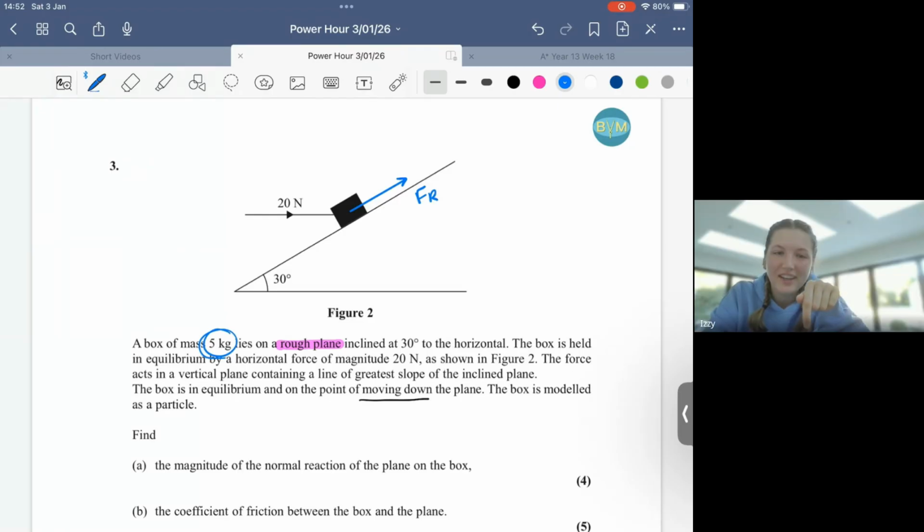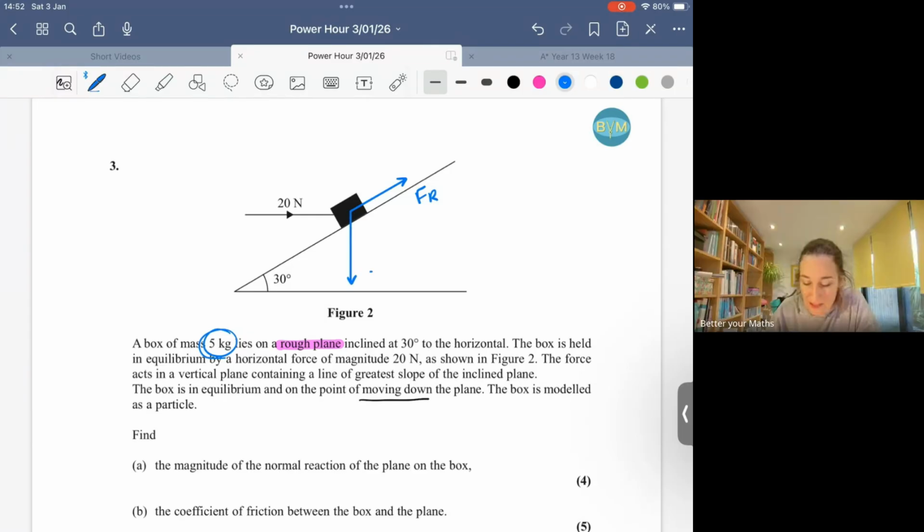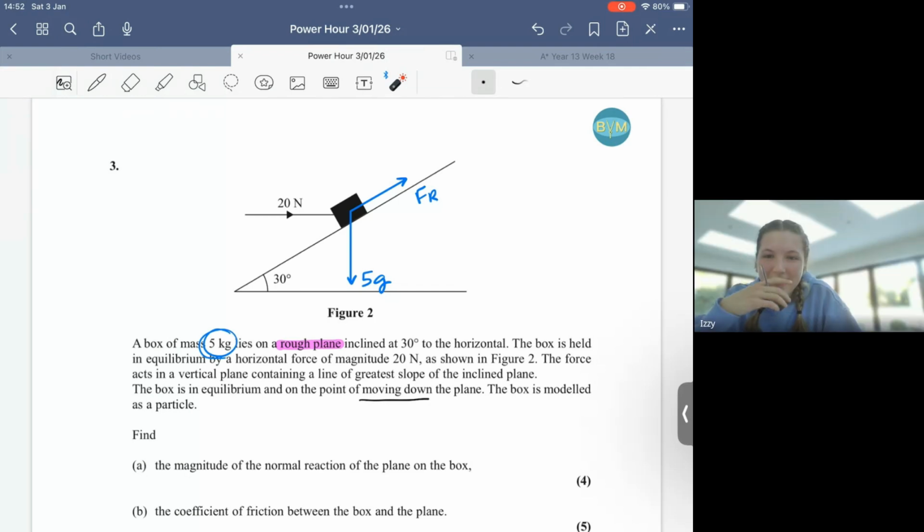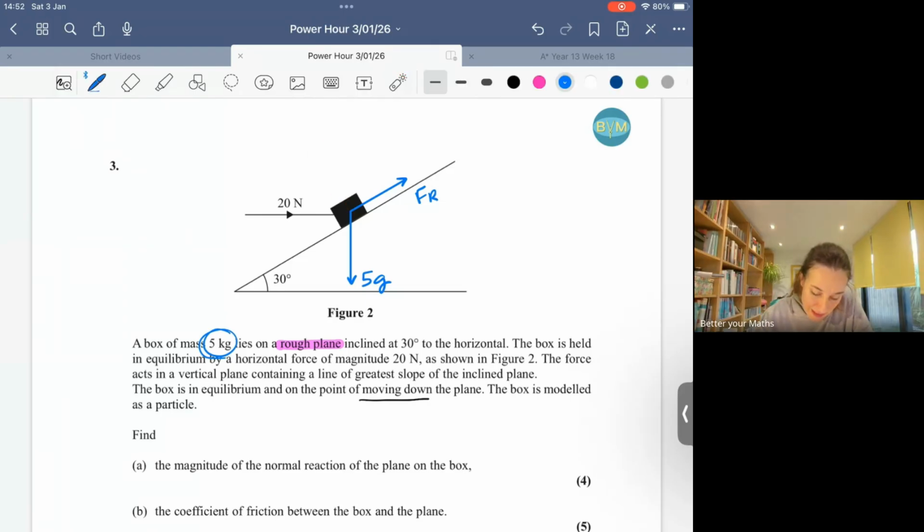That would be going down. Would that be 5g? 5g in this direction. Exactly. And what happens every time we have things in contact? What other force are we going to have? The reaction force, normal reaction.